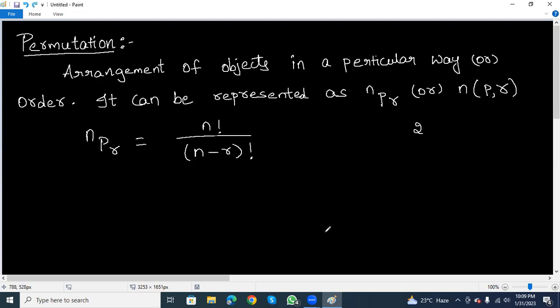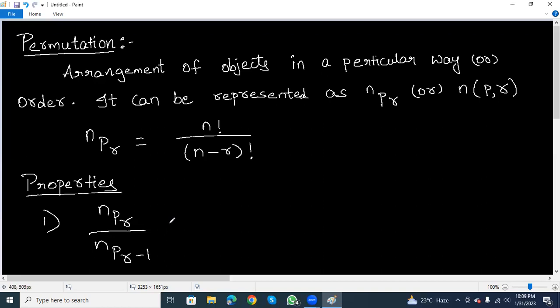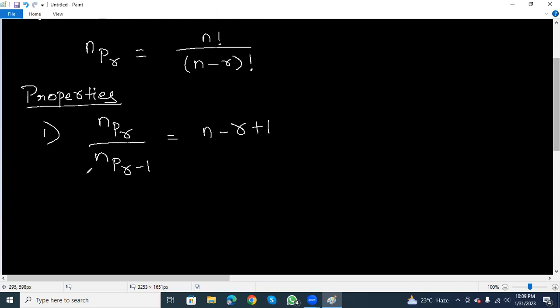So let's see the properties of this permutation. The first one: nPr divided by nP(r minus 1) is equal to n minus r plus 1. Second property: nPr is equal to n into (n minus 1)P(r minus 1).